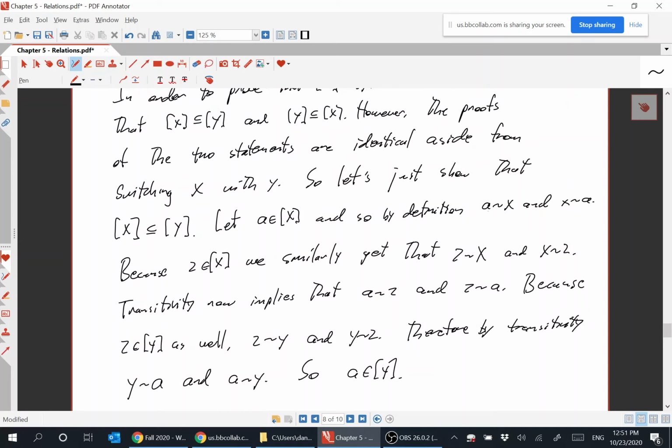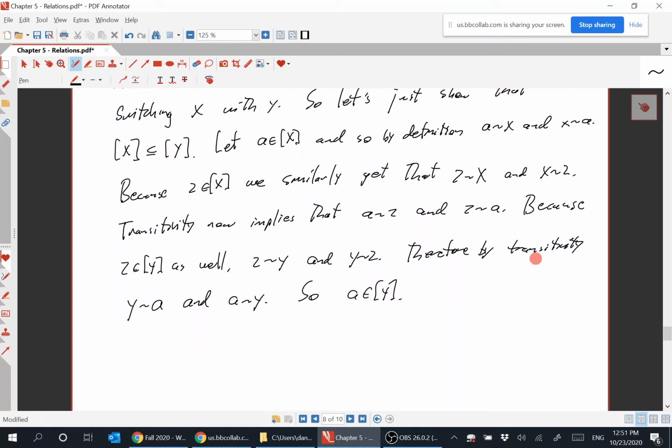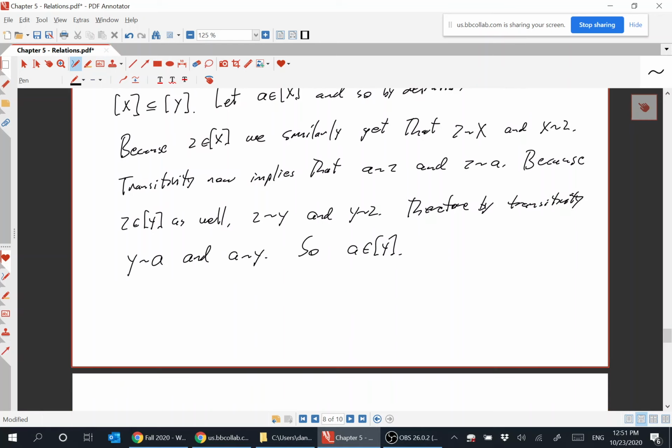Is it necessary to write both Y related to A and A related to Y? That feels extra-worded. Because to use transitivity, right? Transitivity is that P is related to Q and Q is related to R implies P is related to R. So the ordering matters there.